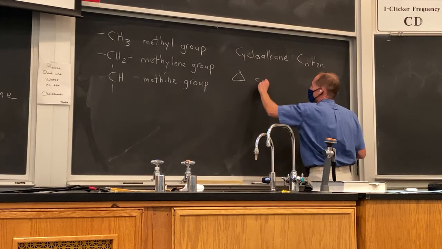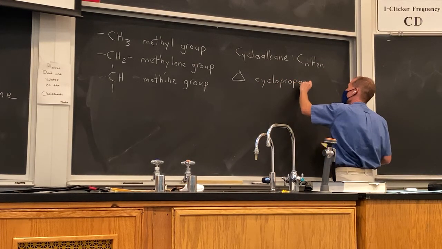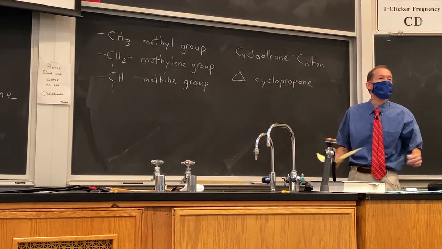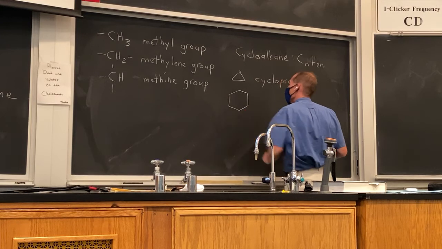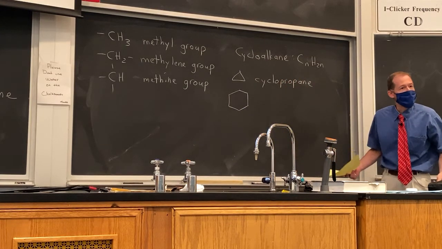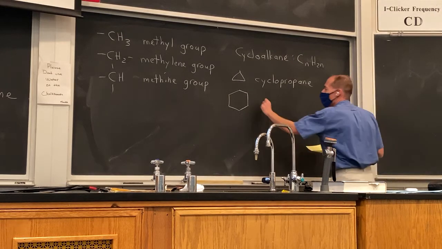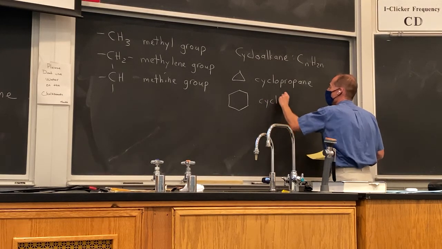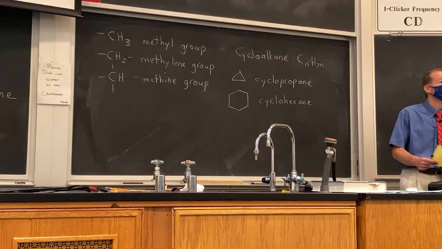Cyclopropane, exactly. 3-membered ring, that's the smallest one we can have. We'll learn more about it on Wednesday. This is our most common one, our most important cycloalkane. What do we call that? Cyclohexane. We're going to spend a lot of time on Friday talking about cyclohexane. Okay?